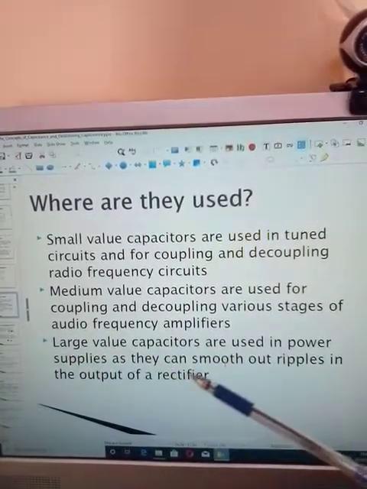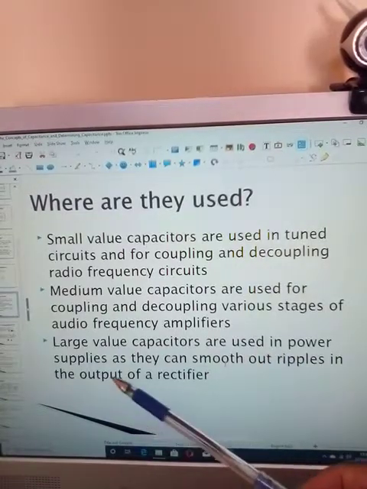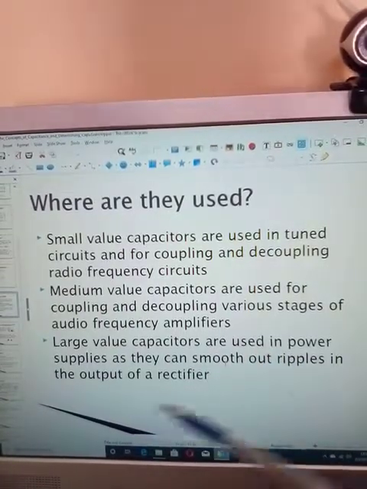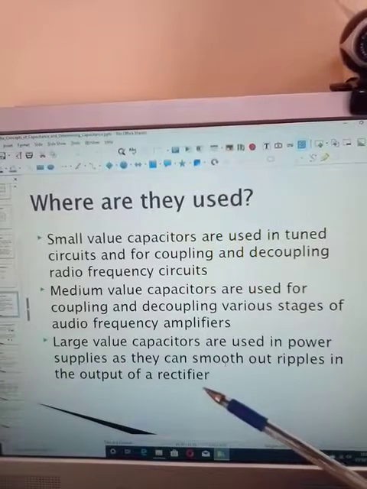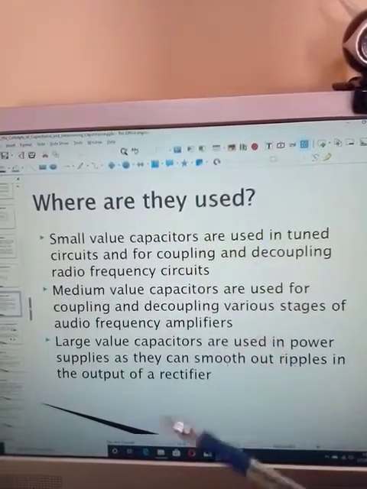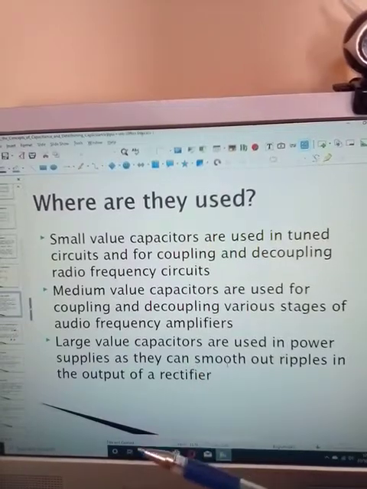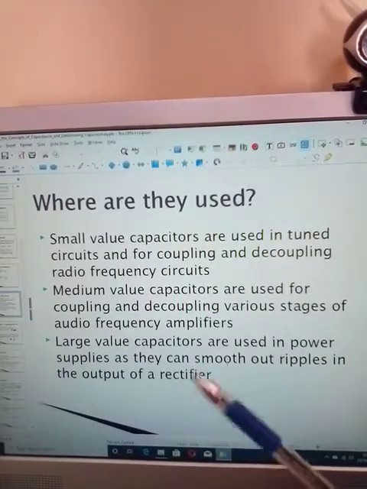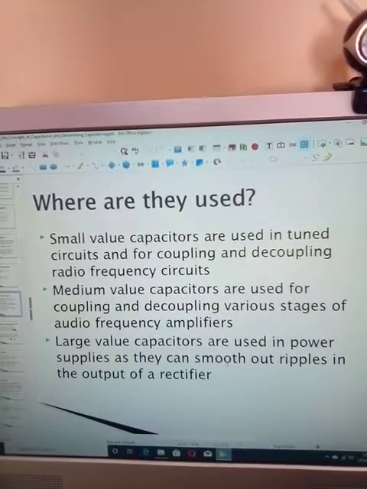Large value capacitors are used in power supplies as they can smooth out ripples in the output of a rectifier. This gives you your smooth DC output when it goes through rectification, whether that be half wave rectification or full wave rectification.